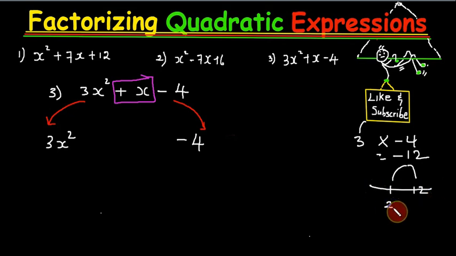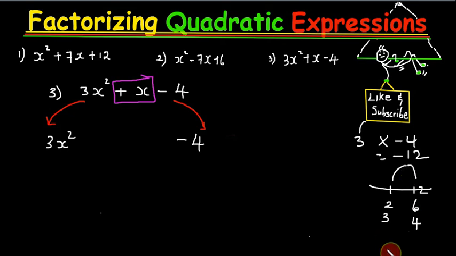Next, 2 multiplied by 6. If I write a negative 2 and I multiply it by a positive 6, I will get a negative 12. But when I add them, I will not get a positive 1. So that cannot work. Next, 3 multiplied by 4.